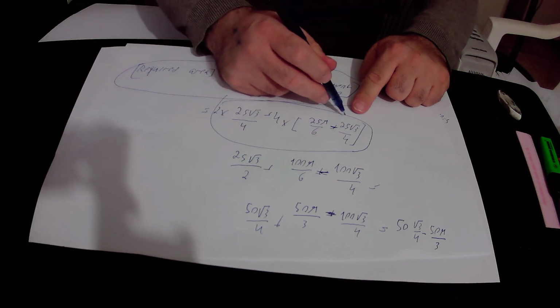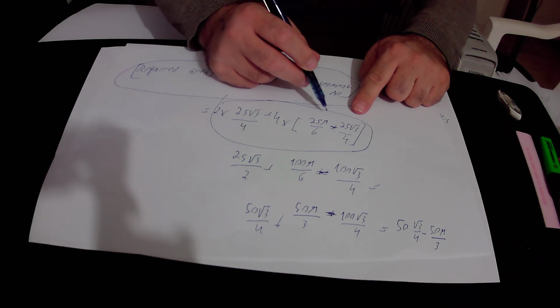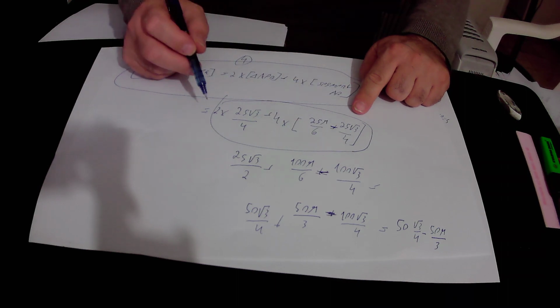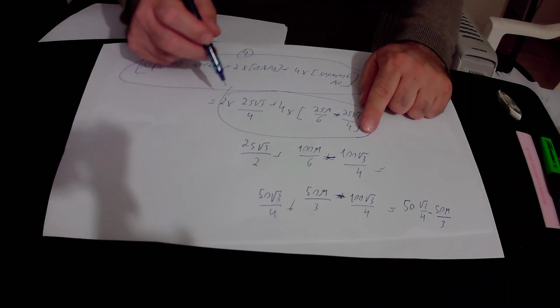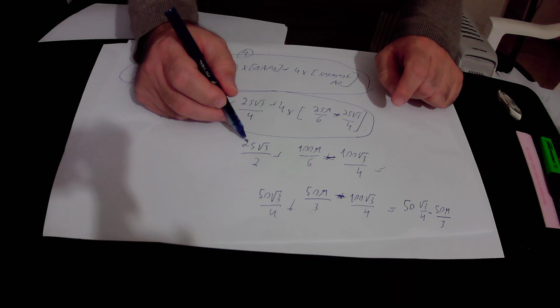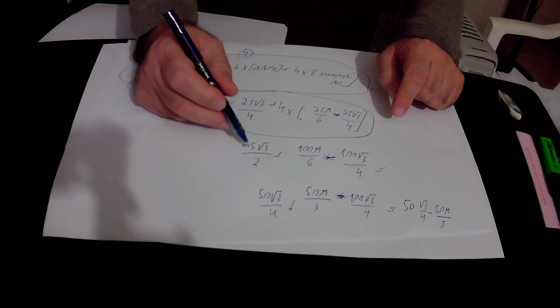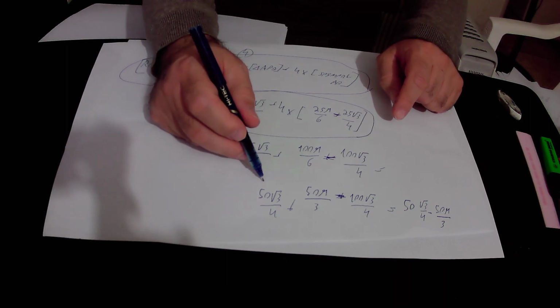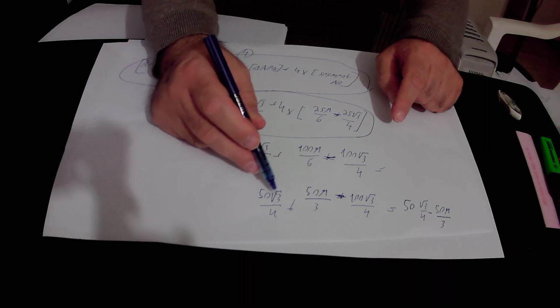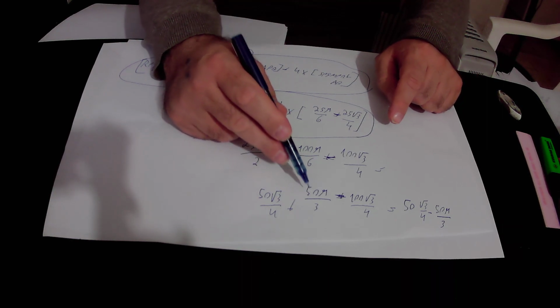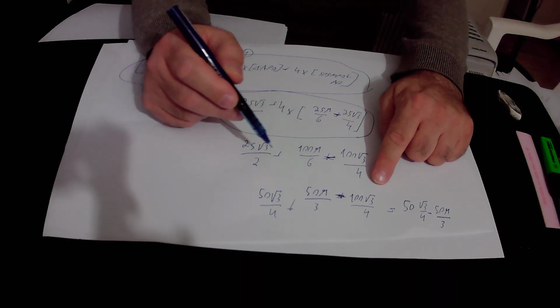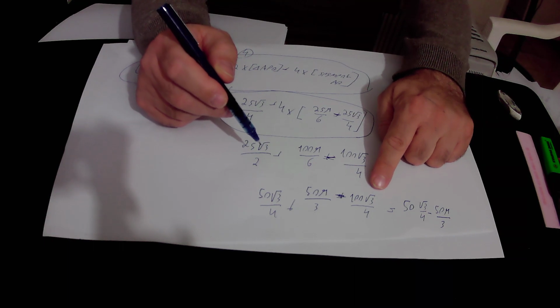We multiplied both the numerator and the denominator by 2 and got 50 times square root of 3 over 4 plus 50 pi over 3 minus 100 times square root of 3 over 4.